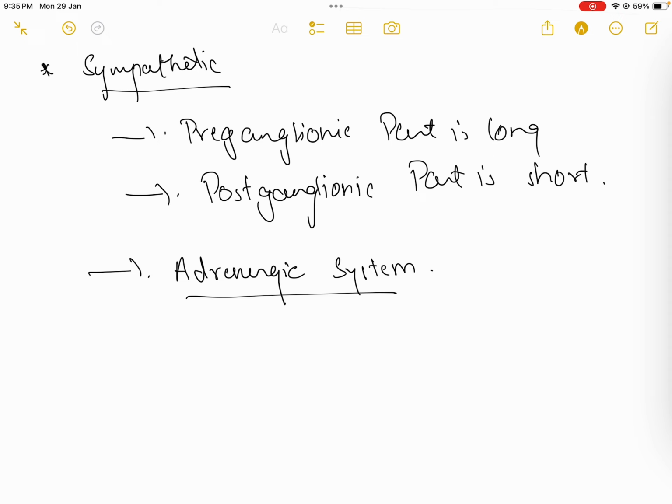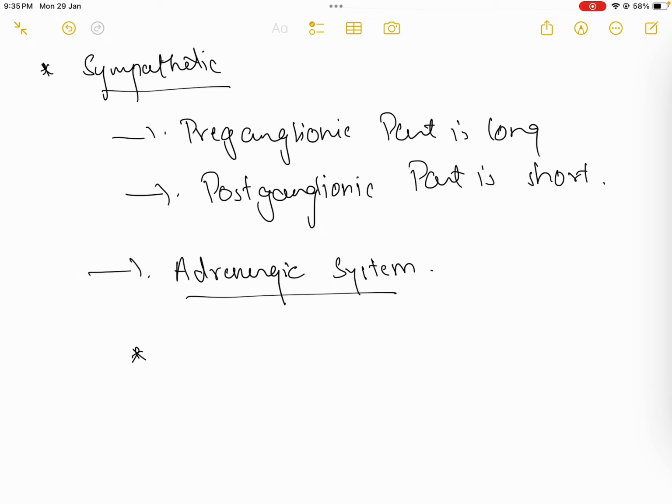Why do we name the sympathetic system the adrenergic system in the pharmacological aspect? As I said, in the parasympathetic system, the neurotransmitter secreted by both the preganglionic part and the postganglionic part is acetylcholine.